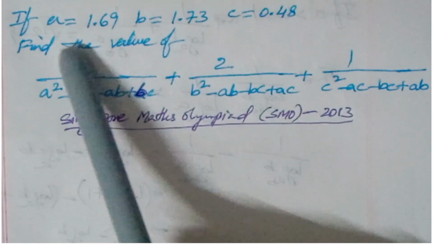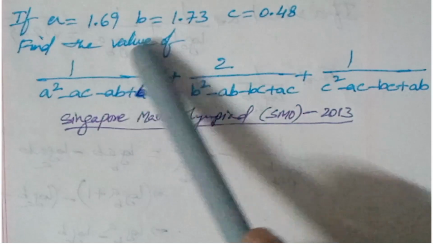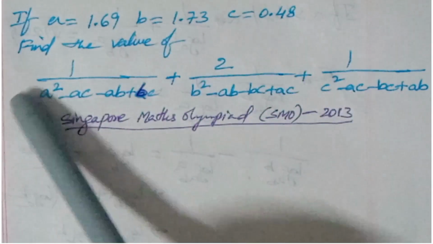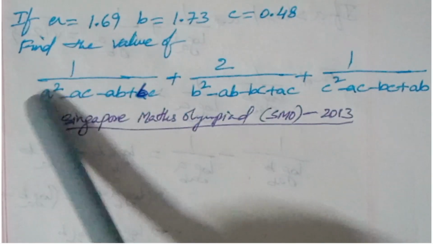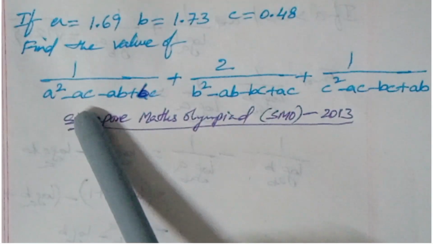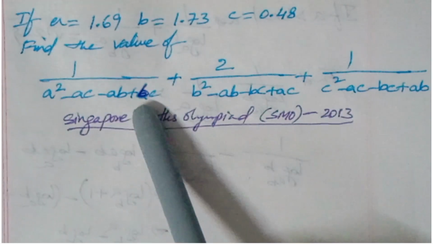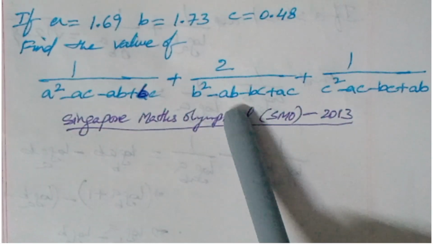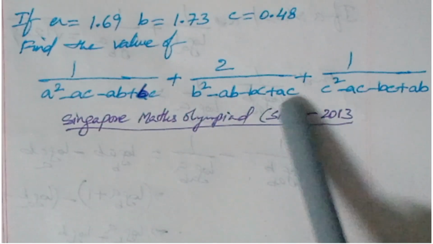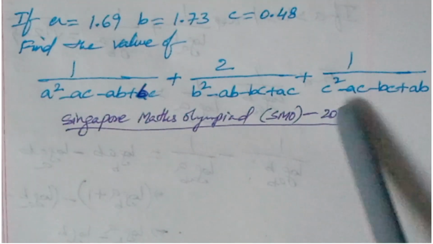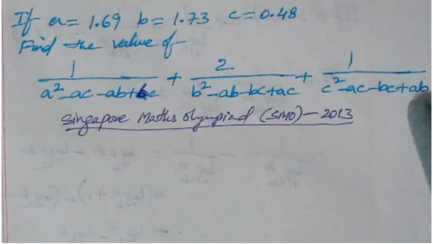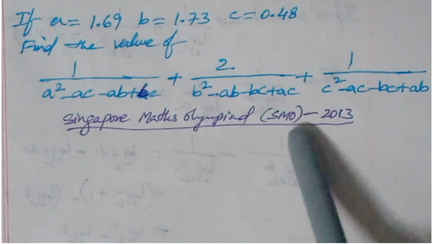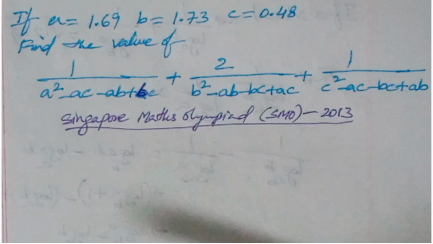If A is equal to 1.69, B is equal to 1.73, C is equal to 0.48, find the value of 1 over A square minus AC minus AB plus BC, plus 2 over B square minus AB minus BC plus AC, plus 1 over C square minus AC minus BC plus AB. This is given in Singapore Math Olympiad SMO 2030.